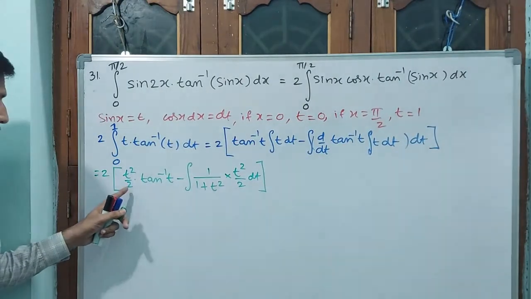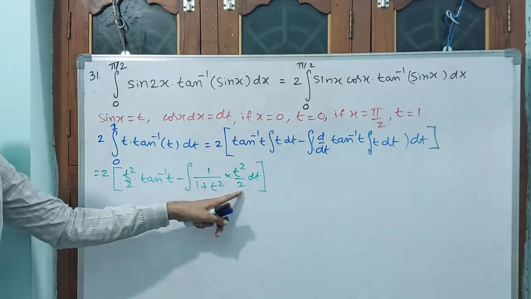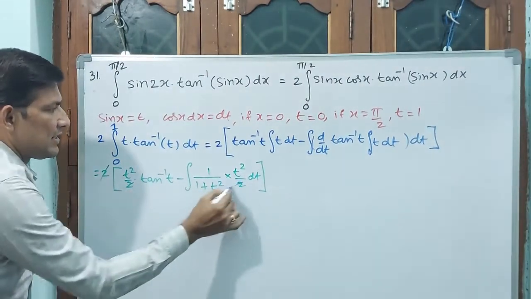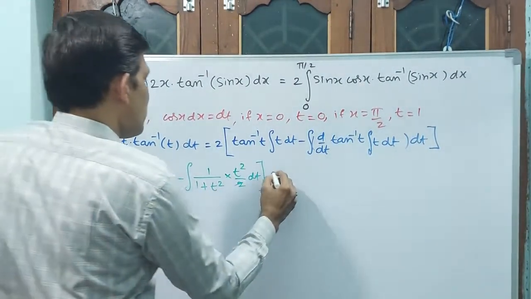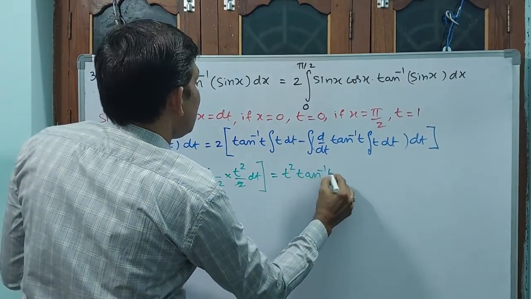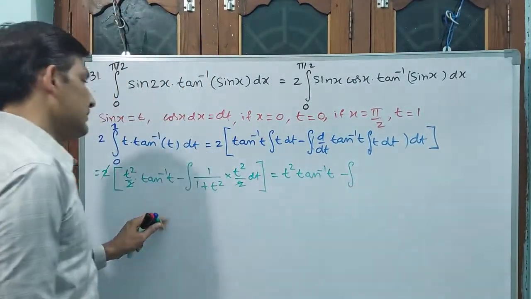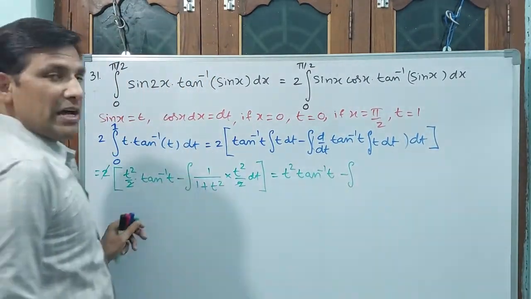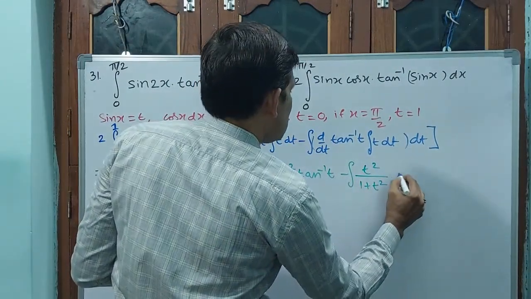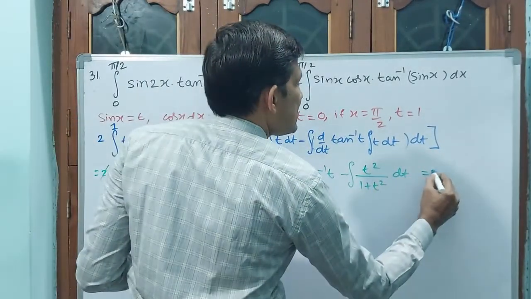If we send 2 inside, the denominator 2 gets cancelled with the other 2 in multiplication. It becomes t square into tan inverse t minus integral t square by 1 plus t square dt. This I am writing as I.